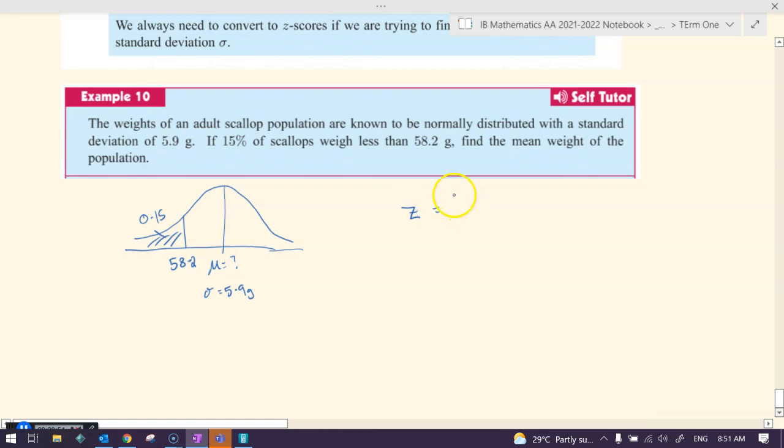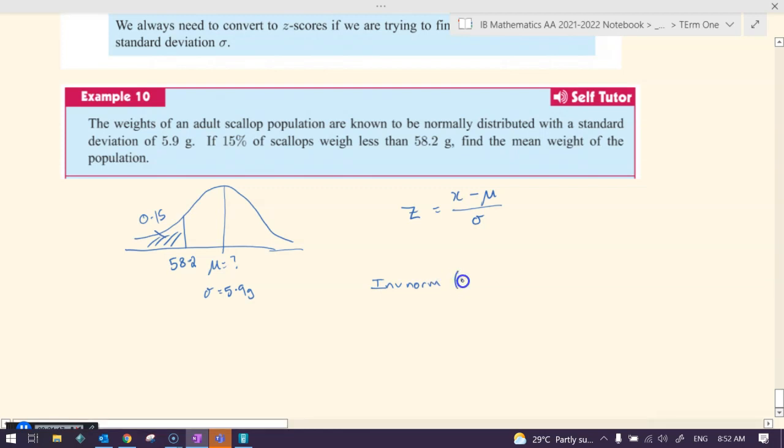Remember, a Z-score is the value of a particular score minus the mean divided by the standard deviation. So if I do inverse normal for a standard normal distribution, remember, Z-scores have a mean of 0 and a standard deviation of 1.